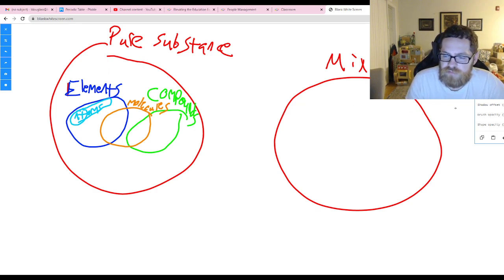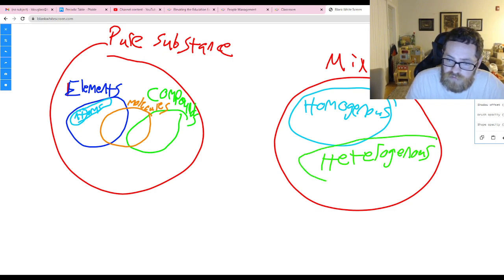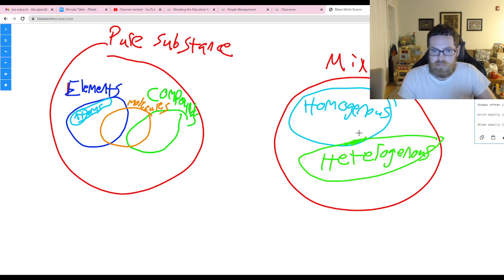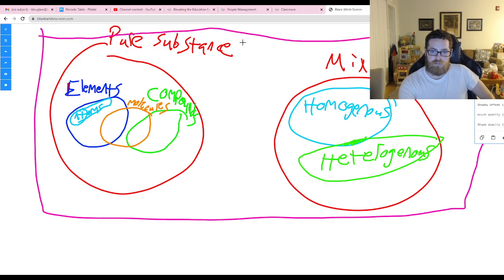And then under the mixture, we have just the homogeneous, right, and the heterogeneous, and these are exclusive. Ignore that, should be no overlap. All of this, right, all of this falls under matter.